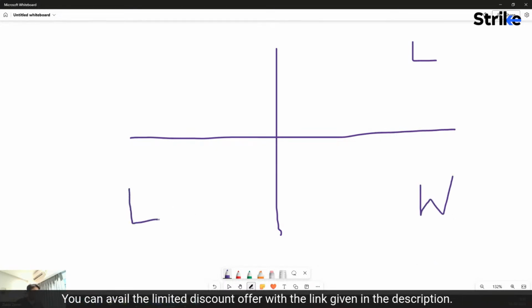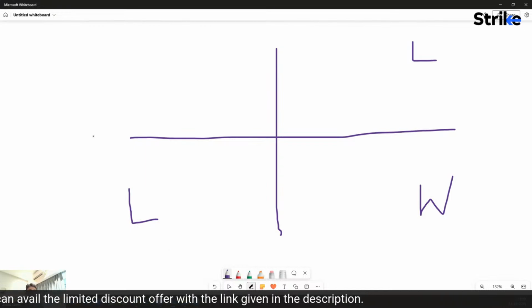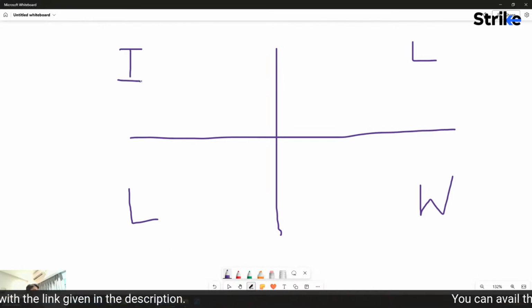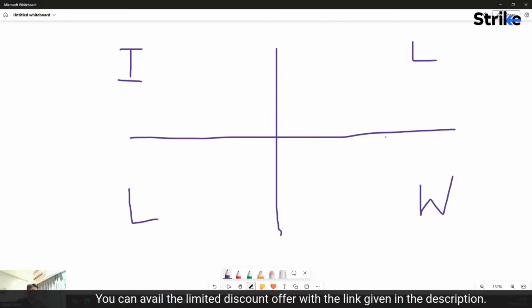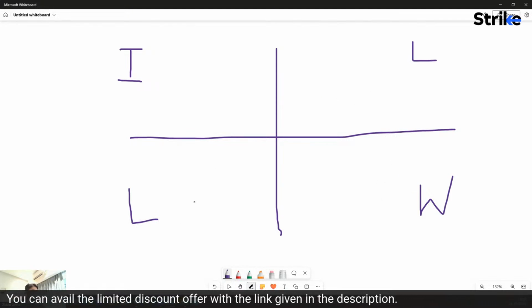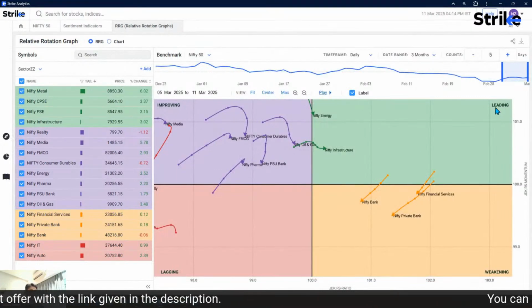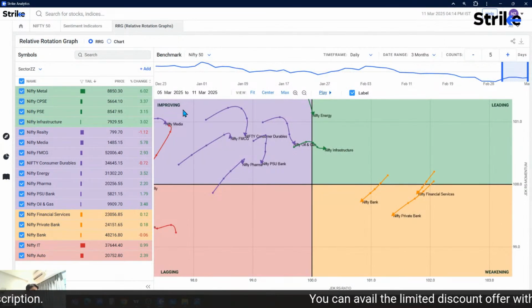Over here, this particular quadrant is called the lagging quadrant, and the top left corner is called the improving quadrant. Hari, I'm repeating, don't worry. Leading quadrant, weakening quadrant, lagging quadrant, improving quadrant. You can see it is written over here: leading, weakening, lagging, improving.